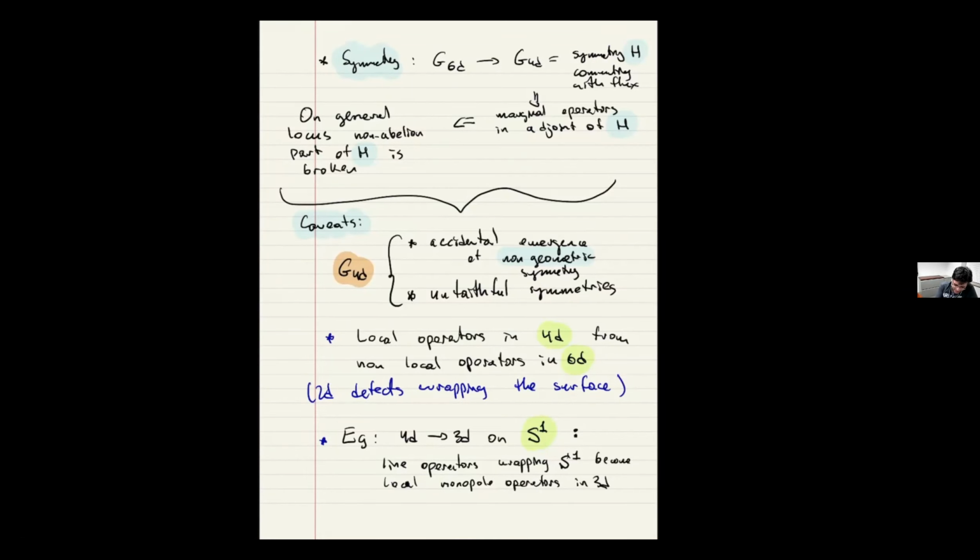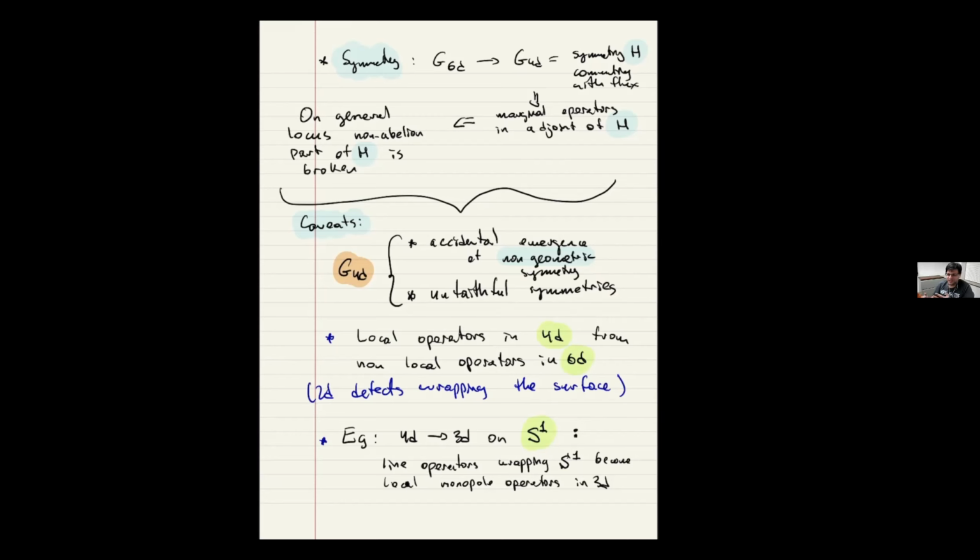And here are the caveats that we also mentioned when discussing 4D flows. There might be some emergent symmetries in the infrared, which is in 4 dimensions in this case. And there might be some symmetries which don't act faithfully. So in principle, there might be a situation where we preserve a certain symmetry, but there is nothing charged under it in 4 dimensions.